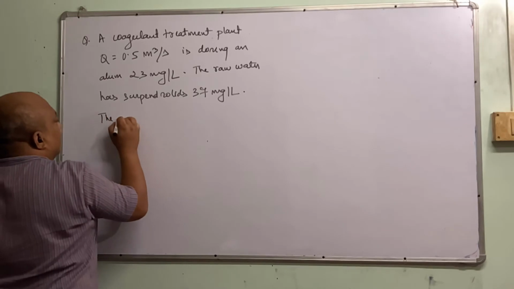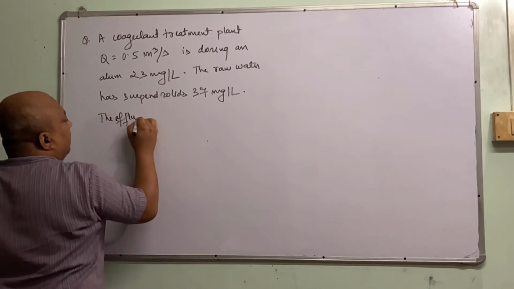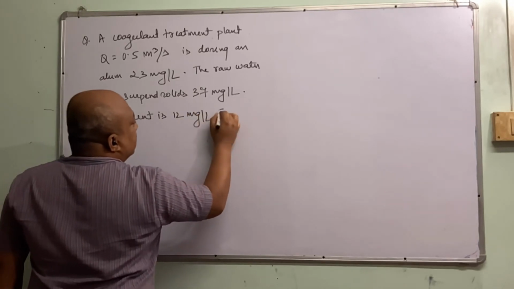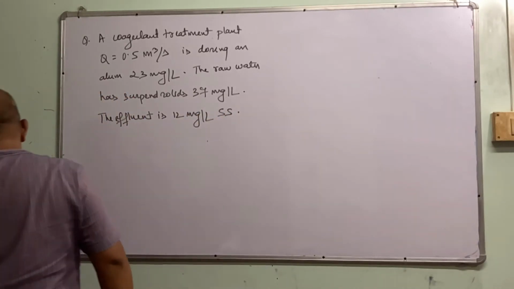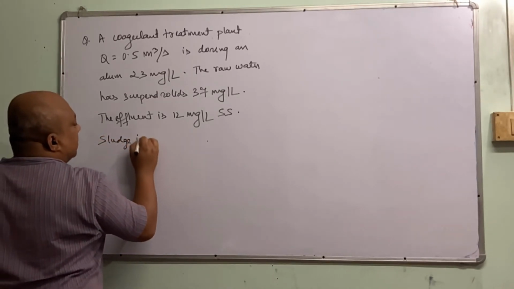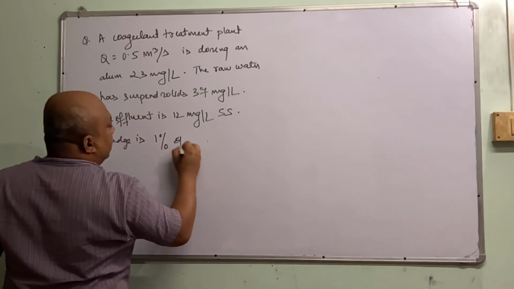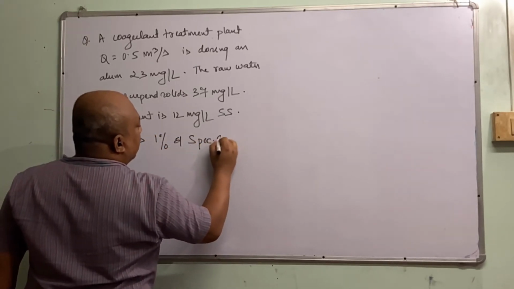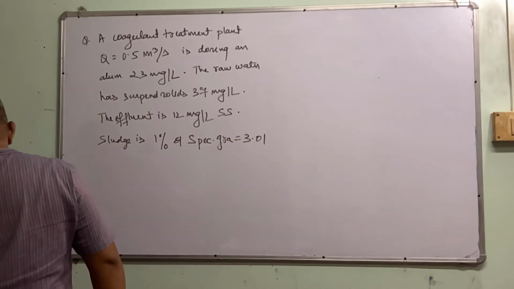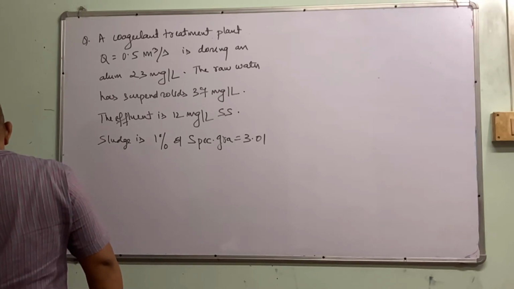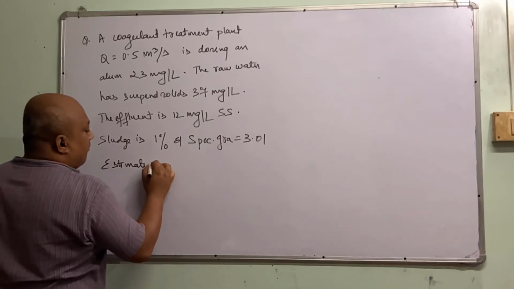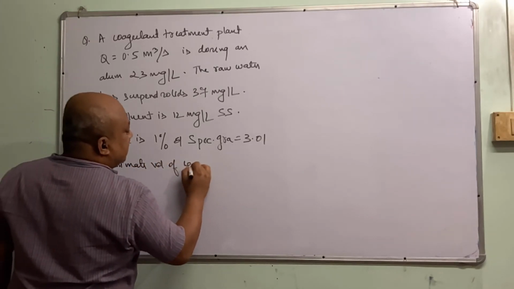The effluent is 12 milligram per liter suspended solids. Sludge is 1% and specific gravity is 3.01. Estimate the volume of sludge per day.